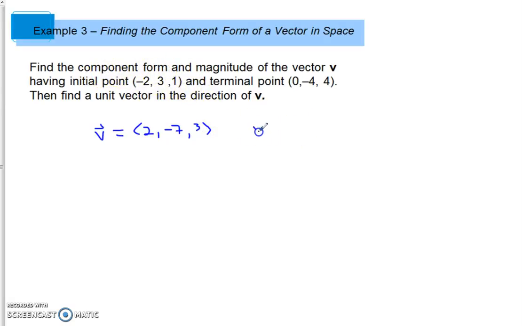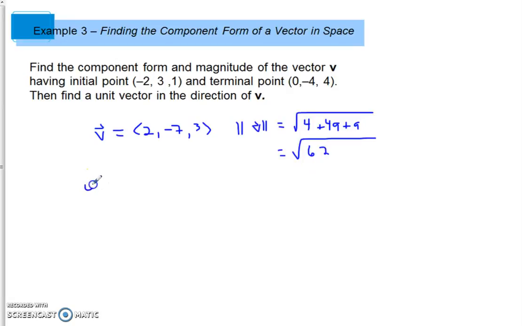The magnitude of v is equal to the square root of 2 squared, which is 4, plus 49, plus 9. And I'm kind of hurrying through this. That's equal to the square root of 13 plus 49, which is 62. Right? So here's my vector v. Here's the magnitude of that vector.